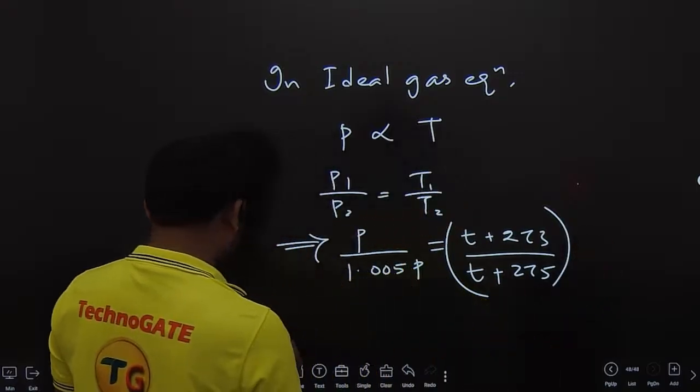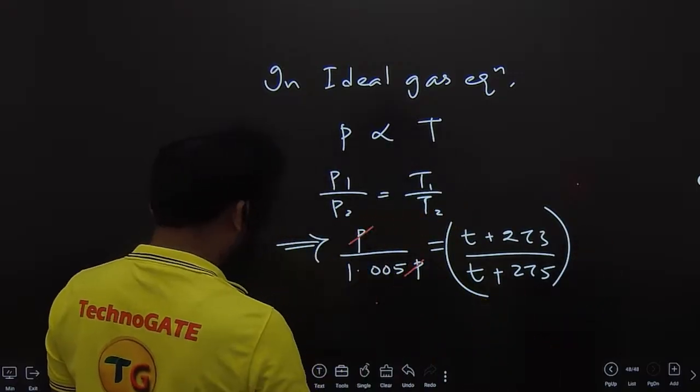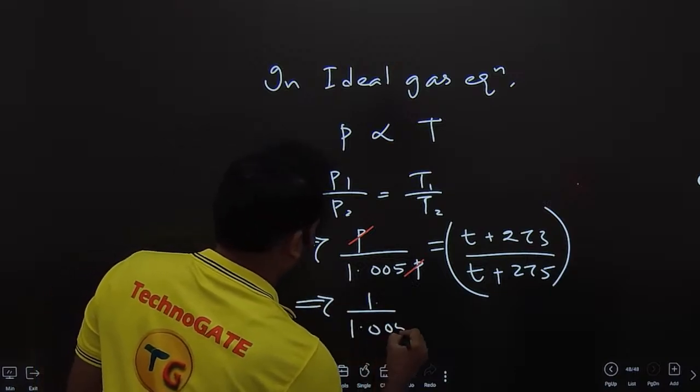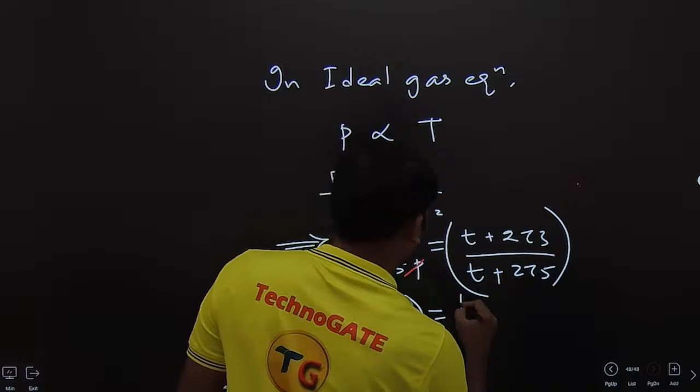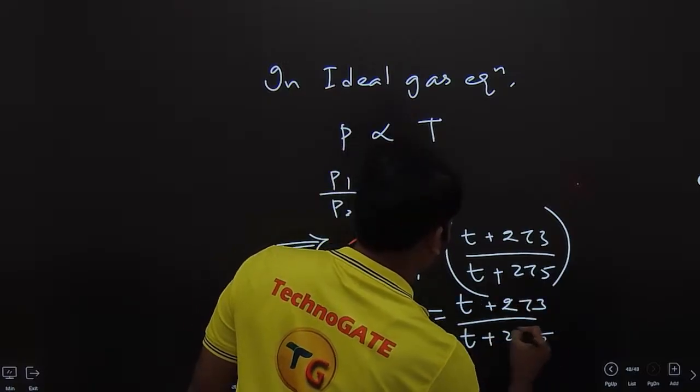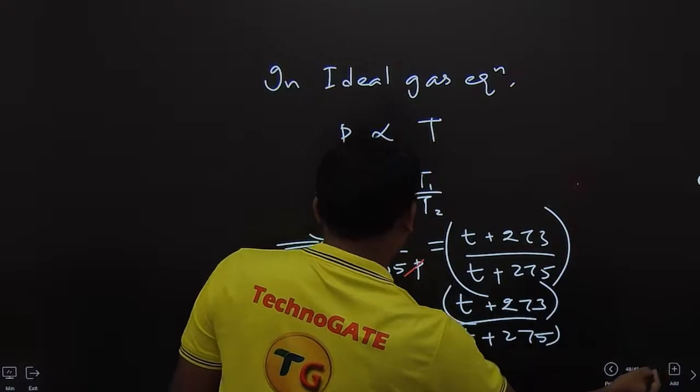If you simplify this, P is gone, so you will get 1 by 1.005 is equal to (T plus 273) by (T plus 275). I will use a calculator to get it.